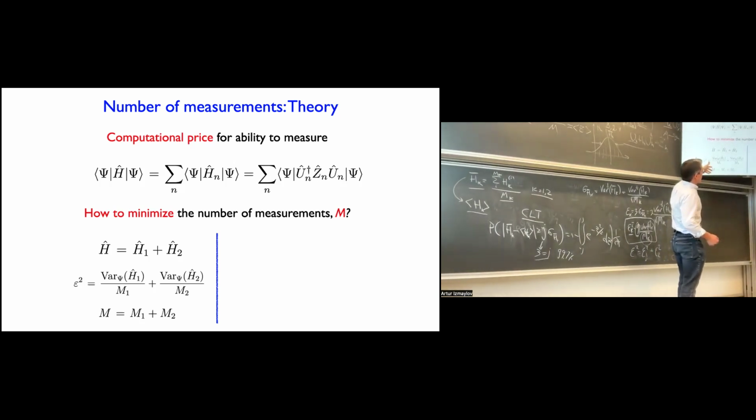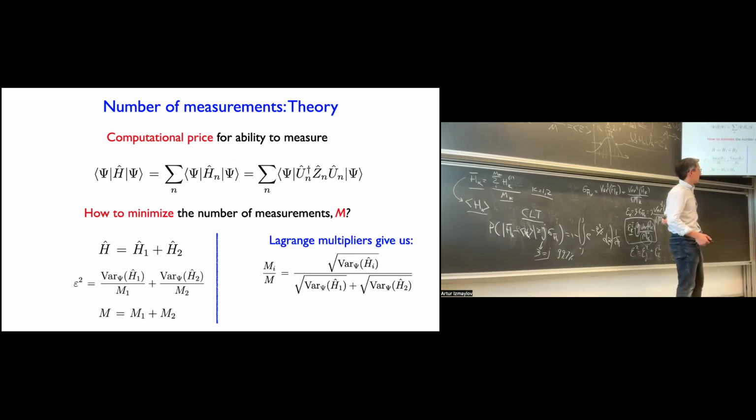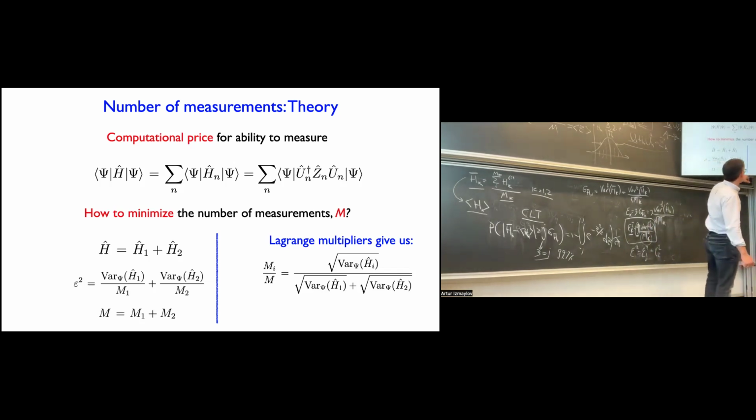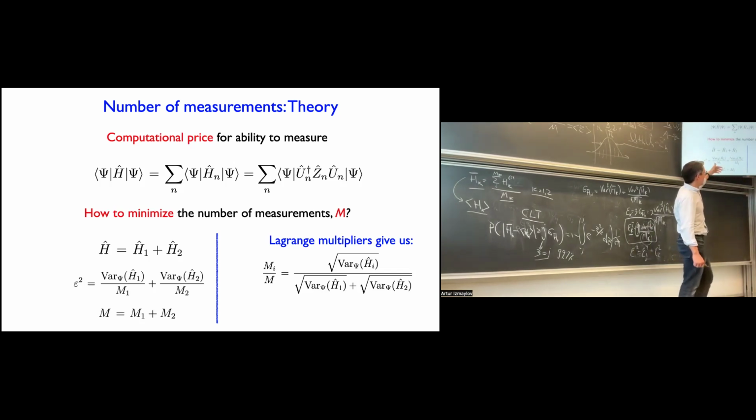All right, so now, essentially one more step here is, one can ask the question, if you want to reduce the error, how to distribute the measurements between the fragments. That is a conceptually straightforward problem of Lagrange multipliers, right? So if you have two variables that sum to m, what's the optimal distribution of these m's between the fragments?